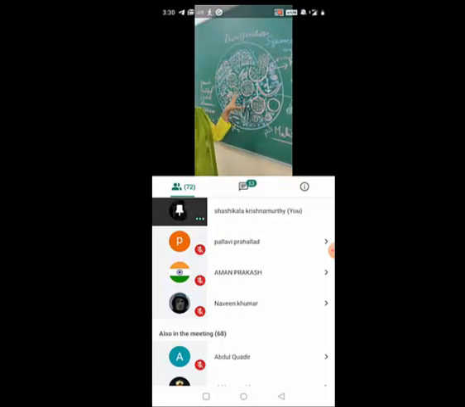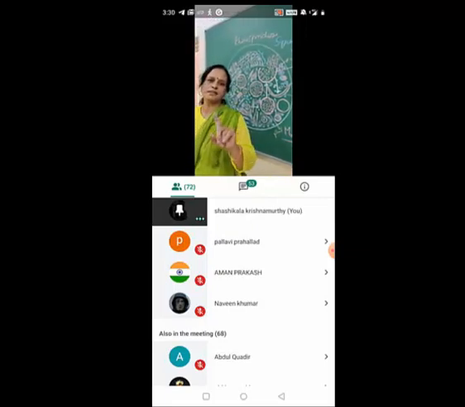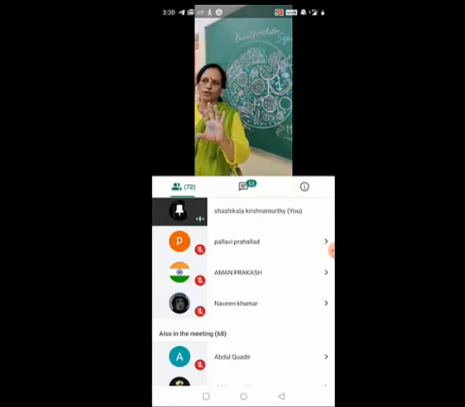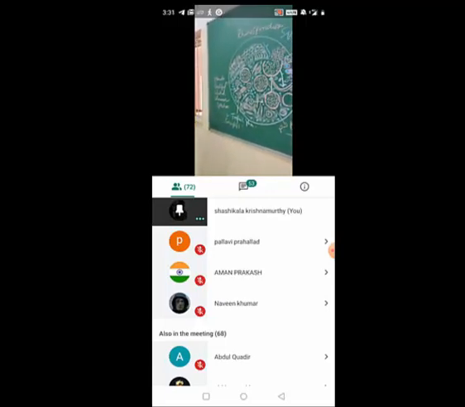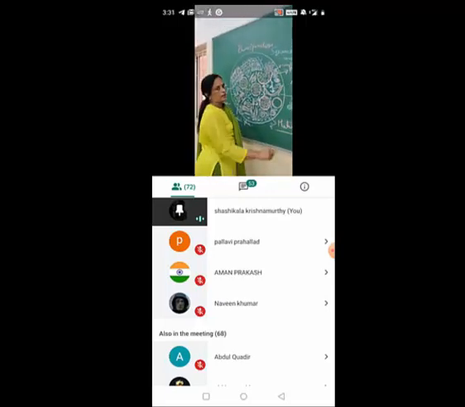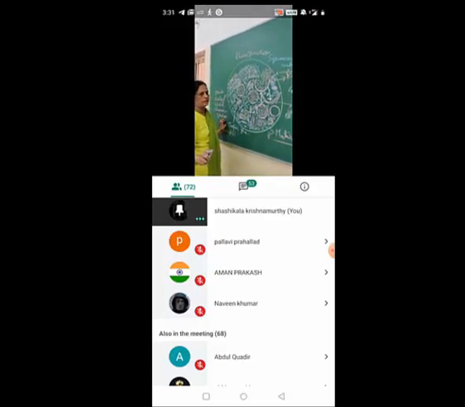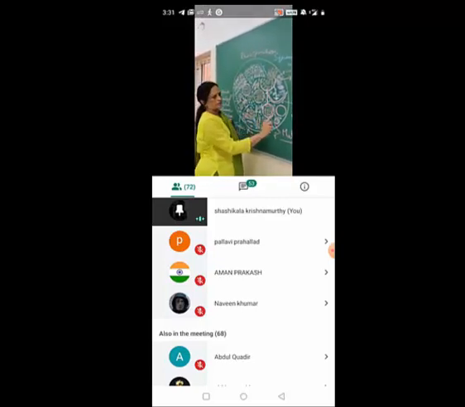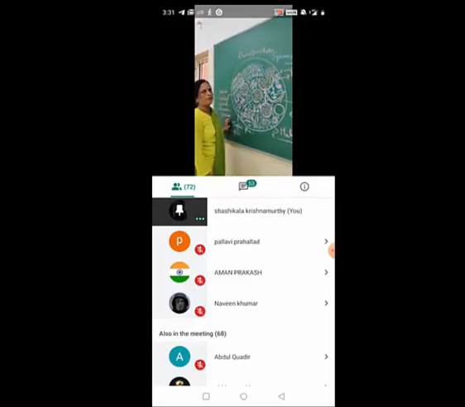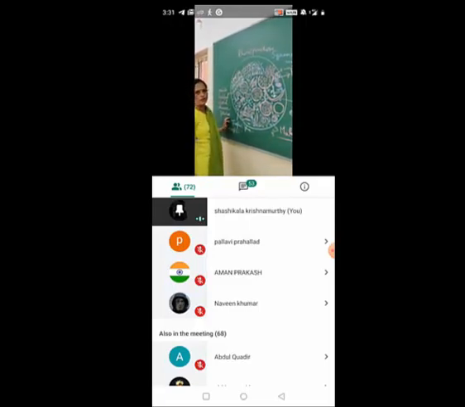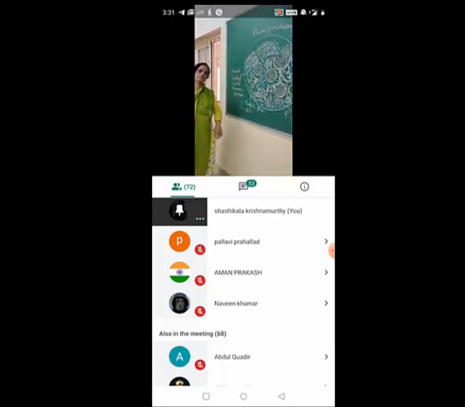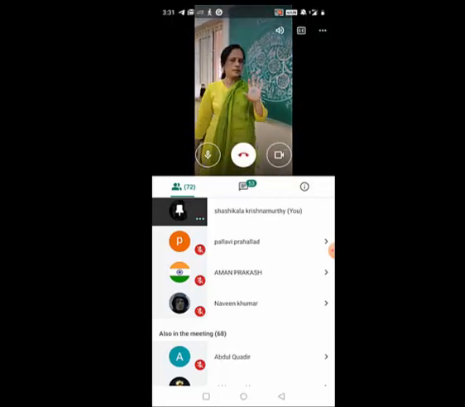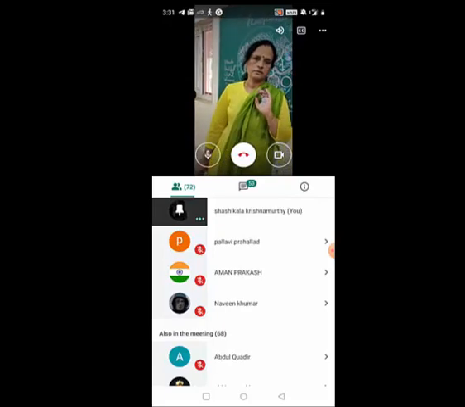Whether it is a 3 marker or a 5 marker in the examination, if you draw a beautiful diagram like this and then describe and write about the organism in points at one corner, that should be more than enough. It fetches you the entire marks. So keep all these diagrams that you have written now, and once you come back, you are pasting the same in your records. Remember that.